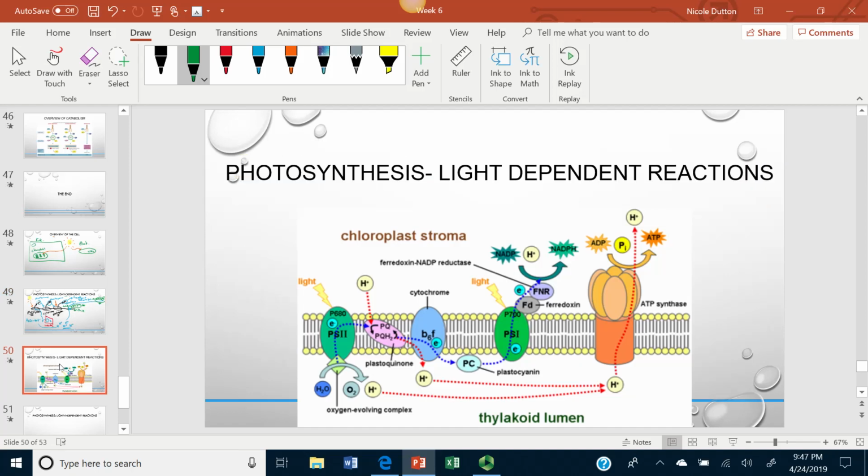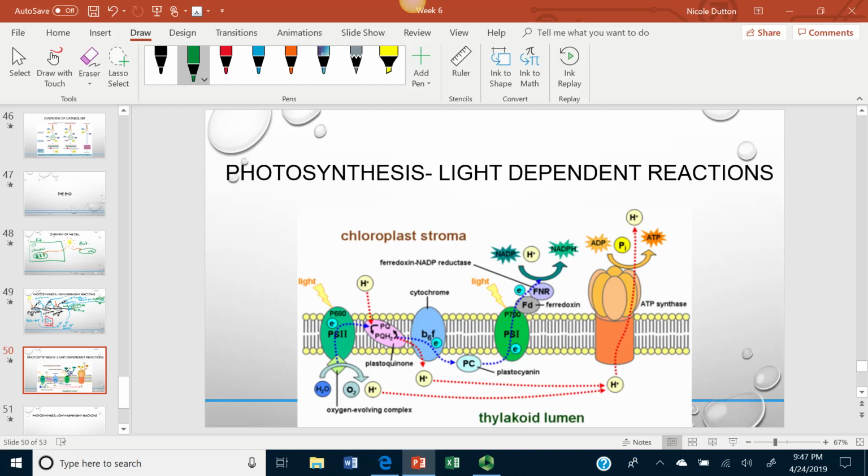This summarizes that. So here's photosystem 2, and you have light hitting photosystem 2, which excites an electron, and that's carried by plastoquinone to cytochrome, and that's carried by plastocyanin to photosystem 1. Another photon of light hits this. Ferredoxin carries this to ferredoxin reductase, which causes the conversion of NADP to NADPH by adding this hydrogen.